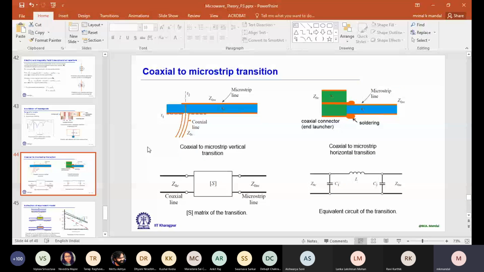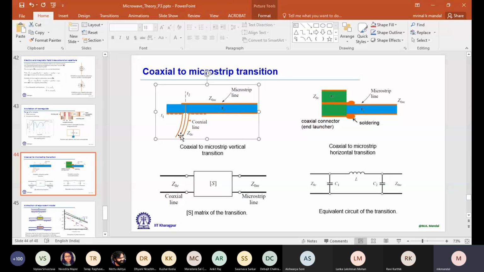Now, what about coax to microstrip line? Coax to microstrip line, it's almost similar. Here, if you look at this first picture, you can see again it is inserted from below the ground plane, and we have that field coupling. It's through aperture in the ground plane, and we can change here the aperture dimension that will determine the input impedance actually.